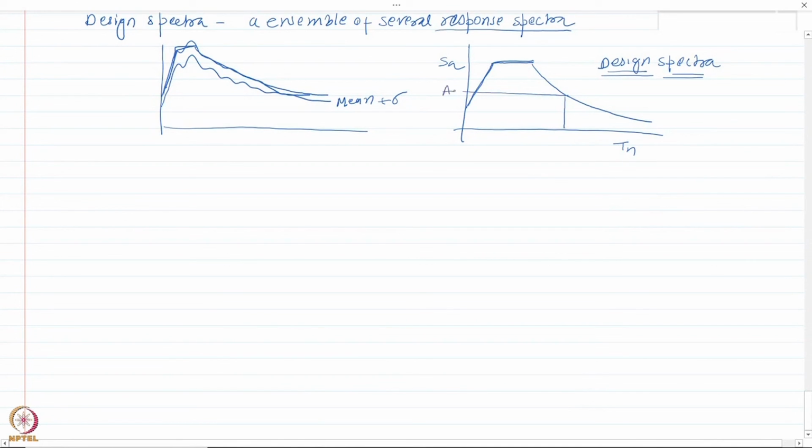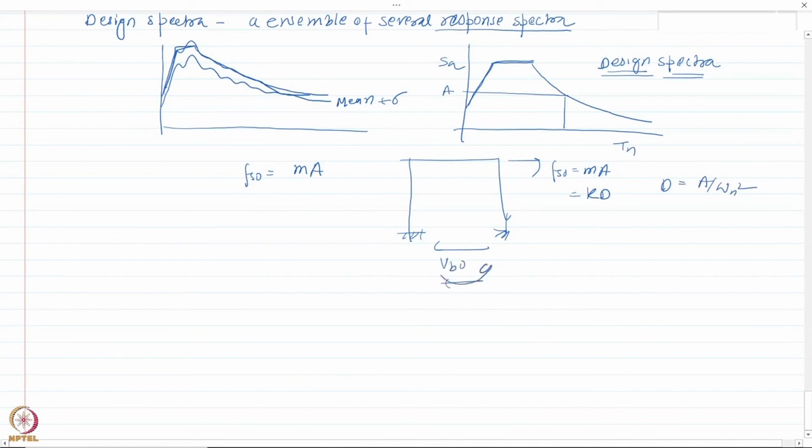Once you know the peak acceleration, you can find out the equivalent static force that you need to apply on this structure, or you can also write it as kd, where d is a by omega n square. You can then find out the peak base shear and peak moment. This is typically the procedure that we use.